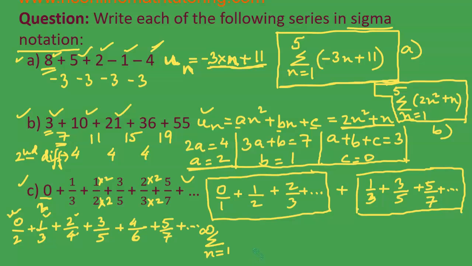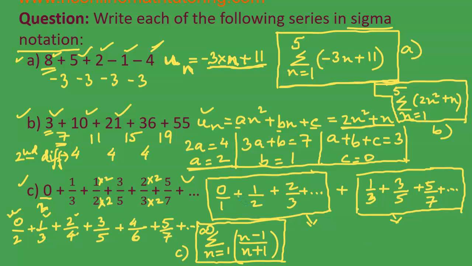Okay? And it will be n minus 1 over n plus 1. This is the sigma notation for our subpart C, if we want a single sigma notation, or else you can give these two.